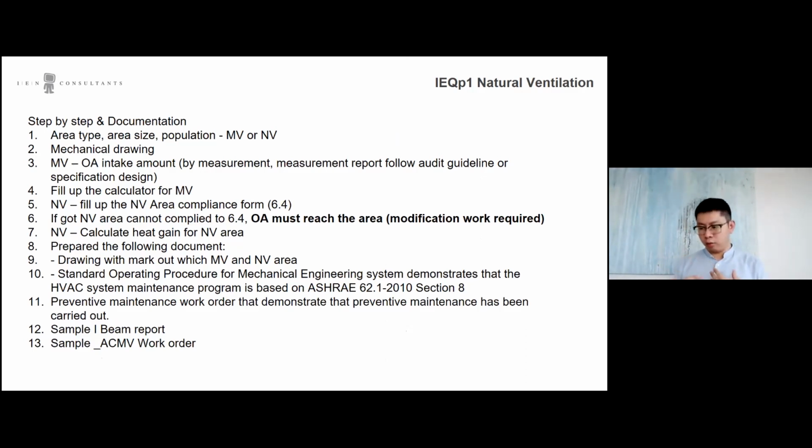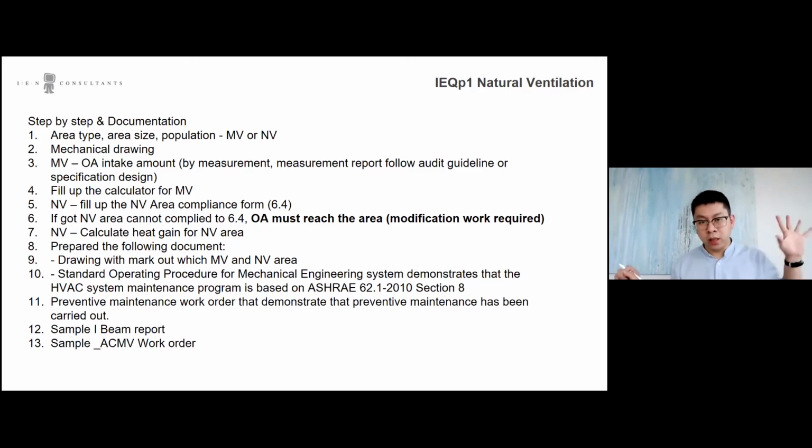Okay, let's go step by step again. Step number one, we have to determine the area type, which means either mechanical ventilation or natural ventilation. Okay, that's important.